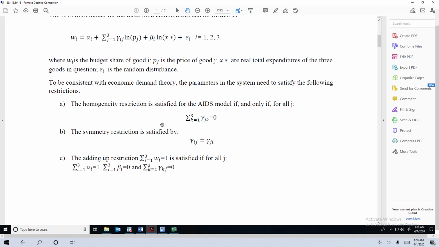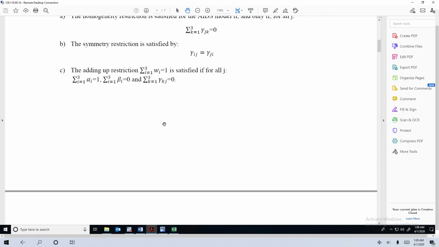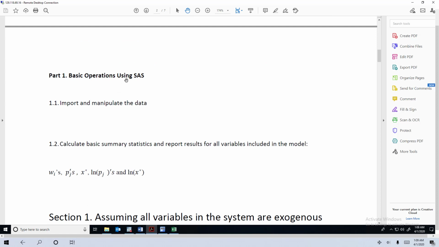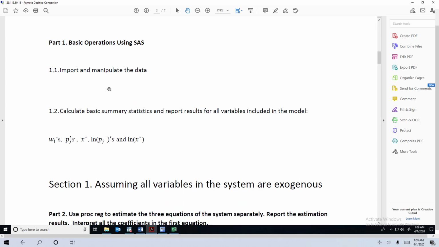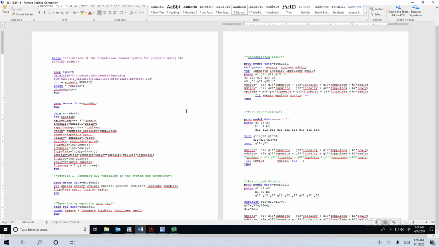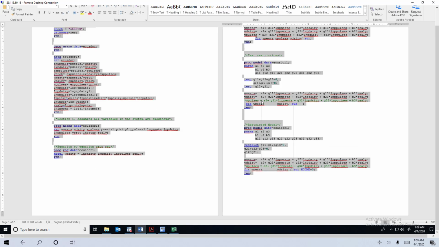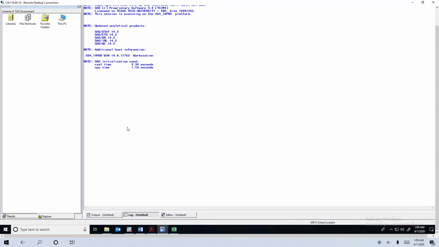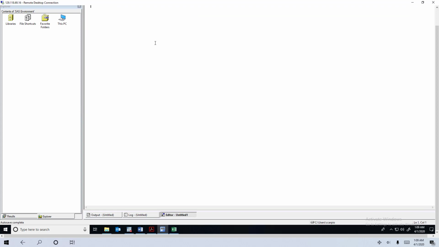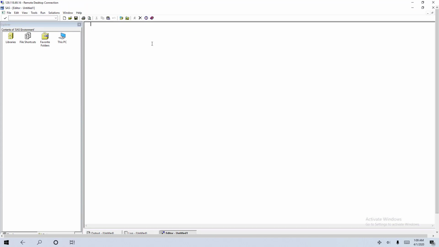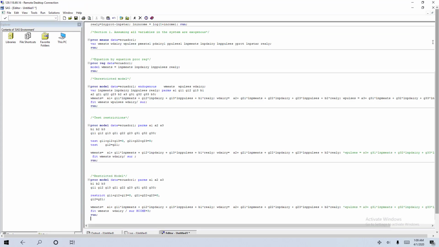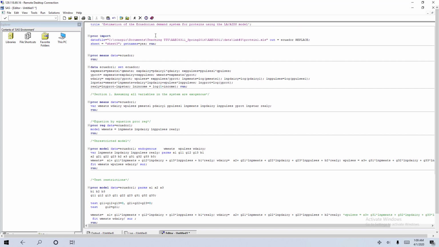So let me go again to the lab. So that's what we have. For SAS, as usual, import and manipulate the data, and I also provide you the program. So I'm going to do exactly the same thing that you're supposed to be doing. You have to go to SAS and copy paste the file.